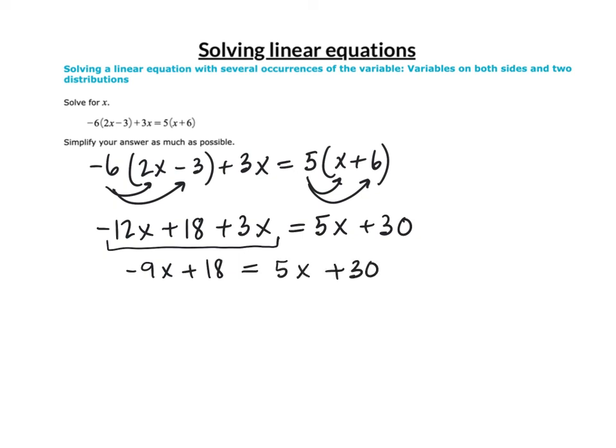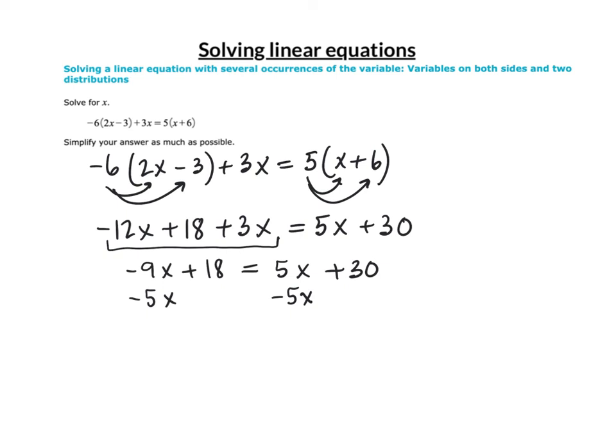You have 2 options here. You can either add positive 9x to both sides to get rid of the negative 9x, or you can subtract 5x from both sides. Now notice, if I subtract 5x, and it would work fine, I just have to be careful, that negative 9 minus 5x would be negative 14x.